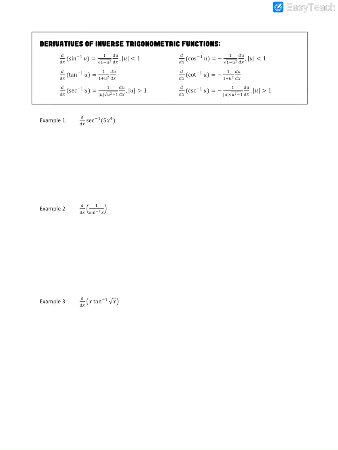All right, so let's try number 1. We are going to follow this formula right here for secant inverse. And on this one, my u is 5x to the 4th. All right, here we go. So we have 1 over absolute value of u. Since x is to the 4th power, this will always be positive.